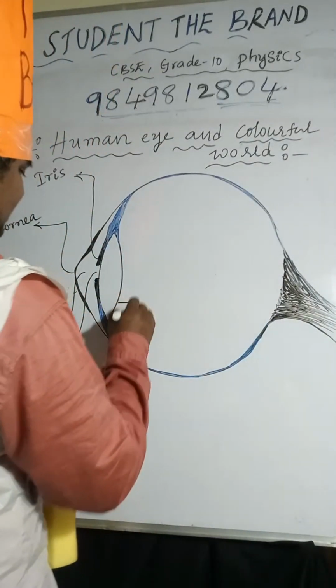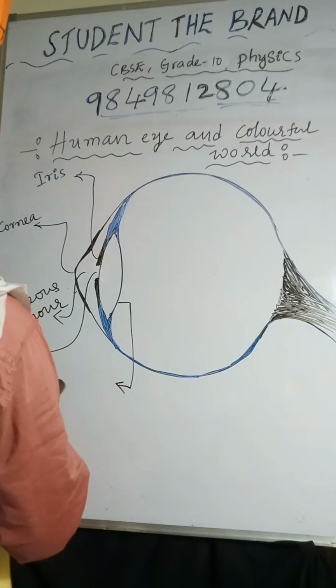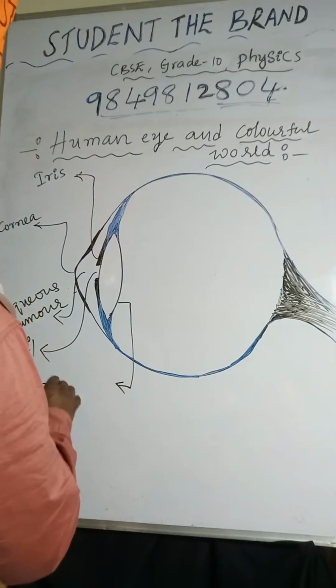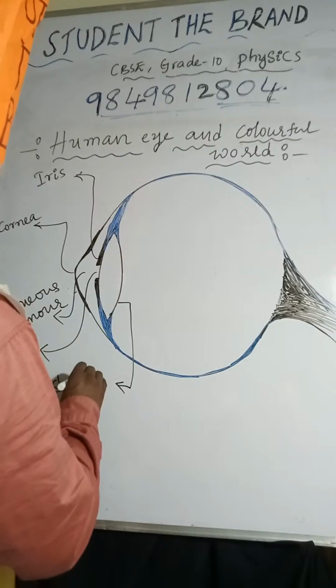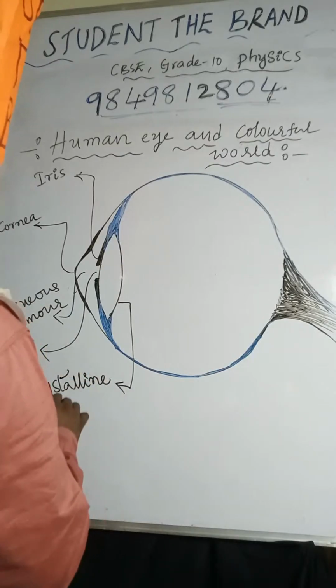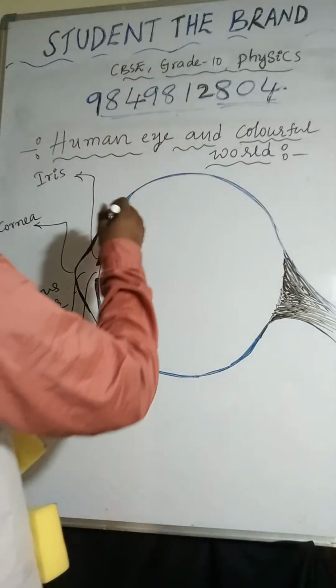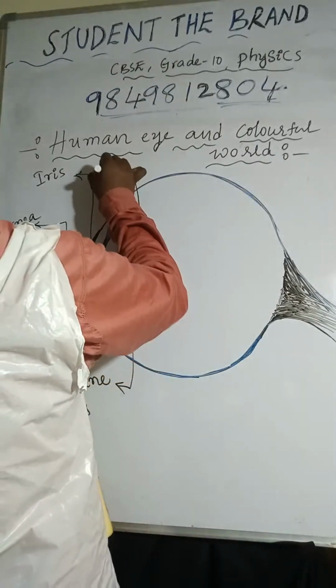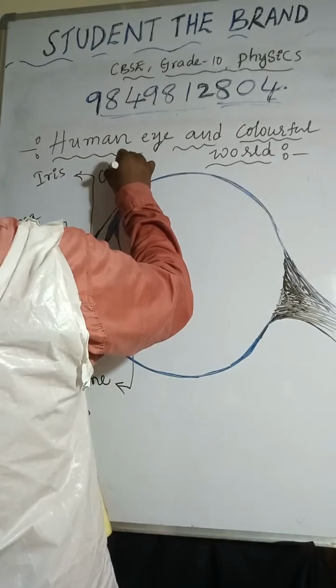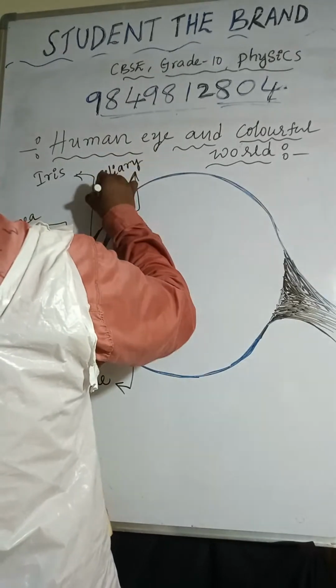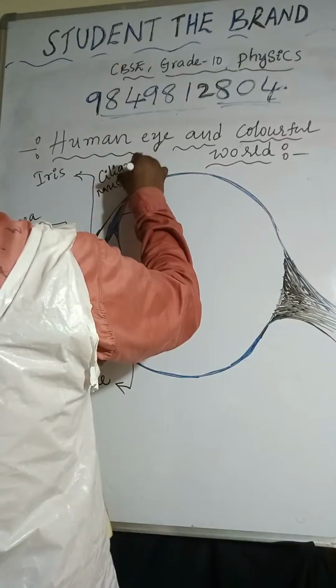So this is the crystalline lens. And these are the ciliary muscles.